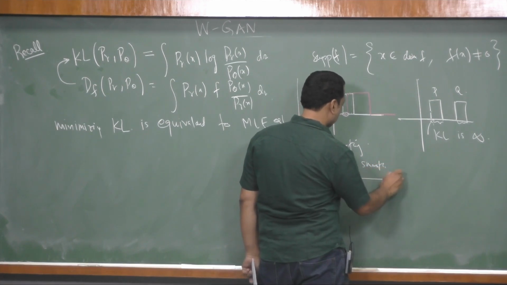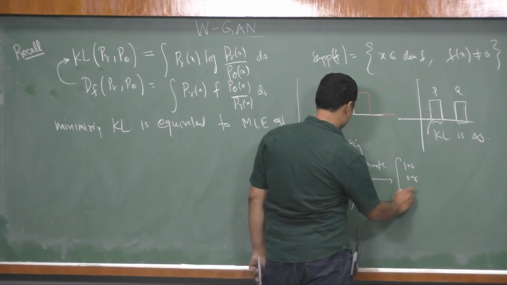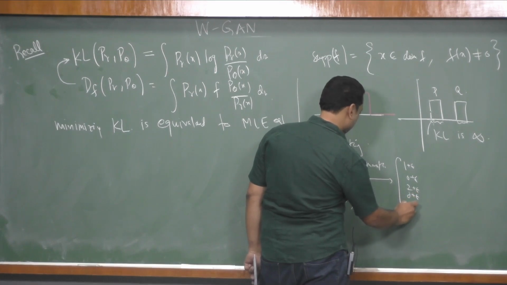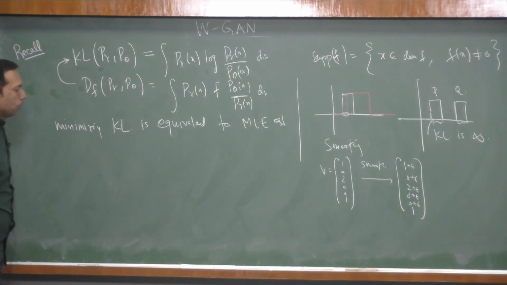So smoothing a vector means that I will add some epsilon so that they don't give me 0 values. This kind of trick is done in NLP because that's a very big problem there. Many words are very rare, right?